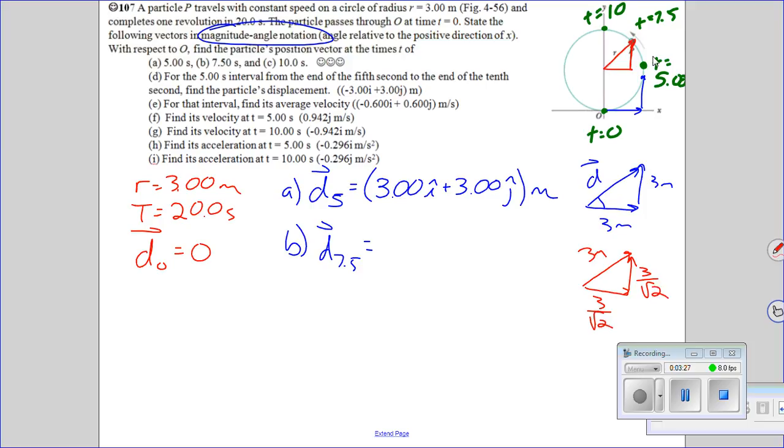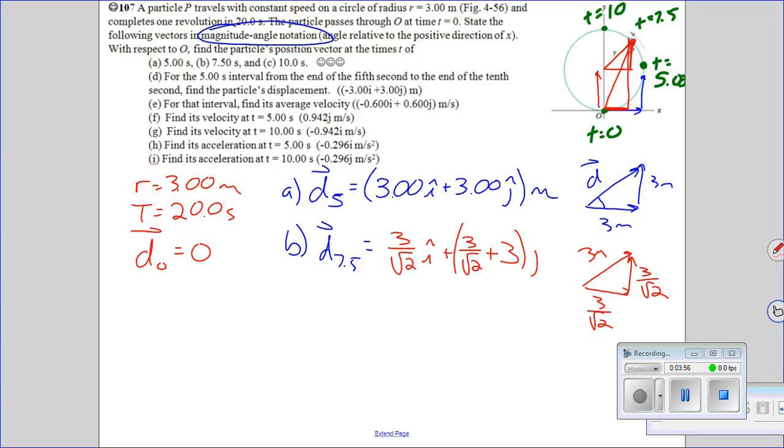Your position at that instant is then going to be this. Your x-coordinate is going to be 3 divided by the square root of 2, and your y-coordinate is going to be 3 plus 3 divided by the square root of 2. You've got to tack on 3 because we're up a little bit here.